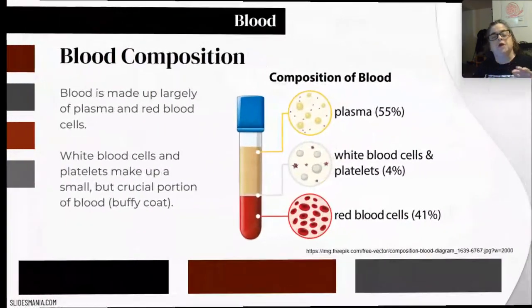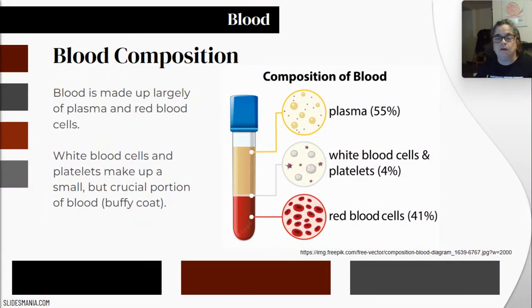So, looking at the overall composition of blood, blood is largely made up of plasma, about 55% of it, and red blood cells, that's about 41% of it. The remaining 4% is those white blood cells and platelets.